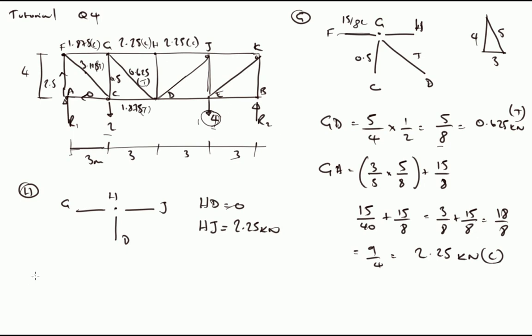Okay, we will quickly do D while we're here, so we'll come down to D. So we're down here from H, we have this going up to J, this one going up to G, which is 5/8 in tension. This one across from here is 15/8 in tension.